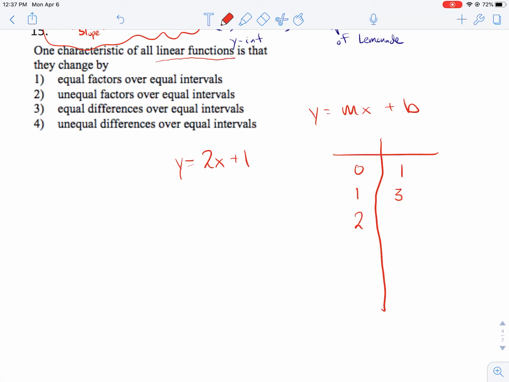When you plug in 0 for x, you get 1. When x is equal to 1, you get 3. When x is equal to 2, you get 5. When x is 3, you get 7. When x is 4, you get 9, and so on and so forth.